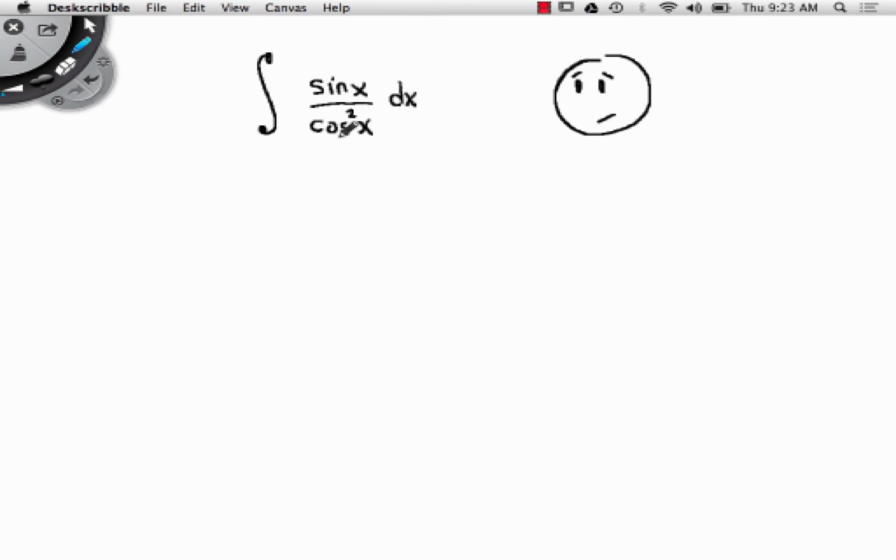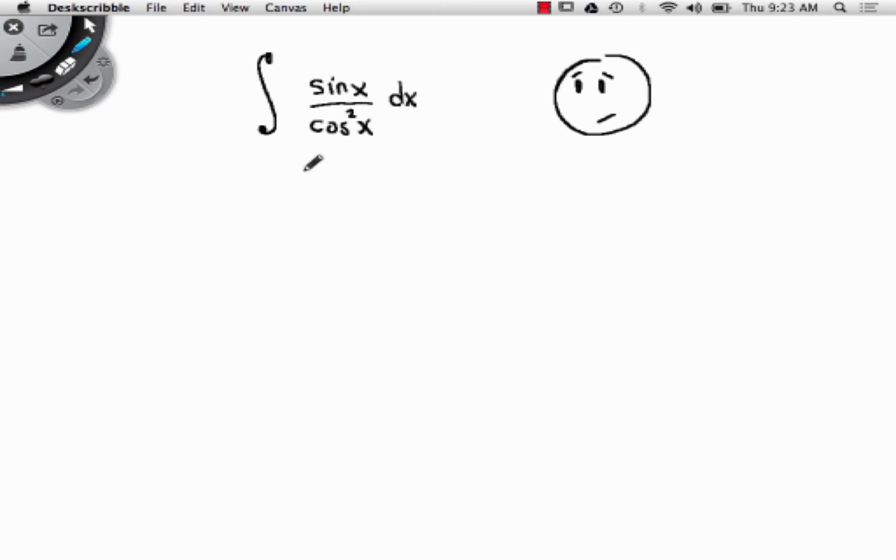Notes 3. All right, let's check out this bad boy. The integral of the sine of x over the cosine squared of x dx. Cosine squared of x is the same as cosine x squared, or parentheses cosine x squared, right?